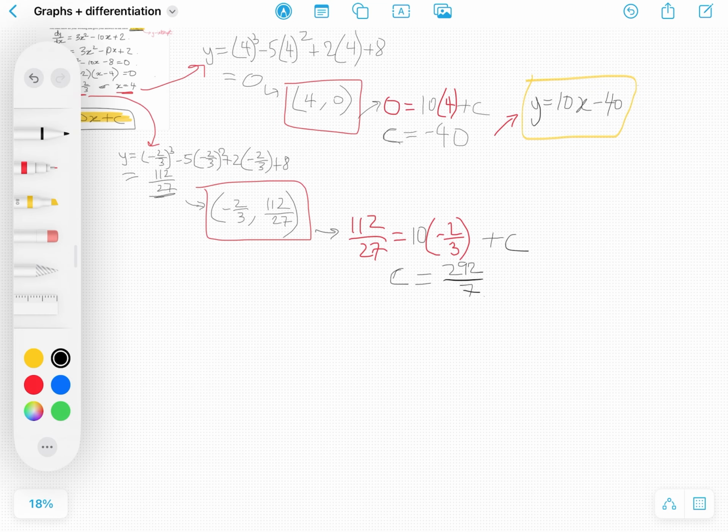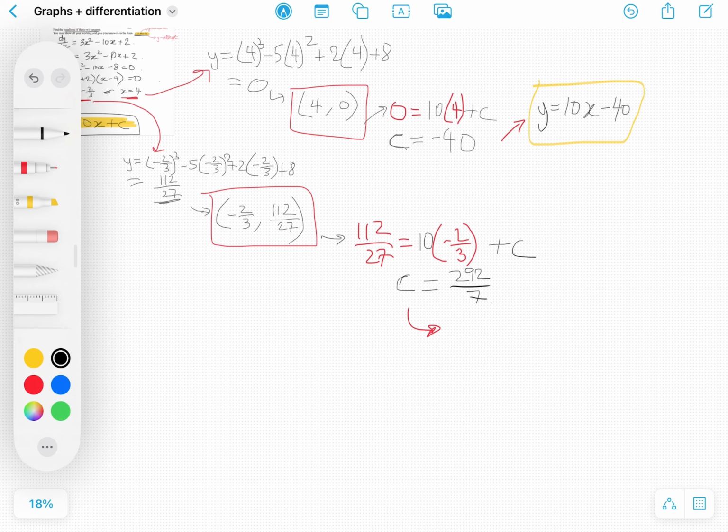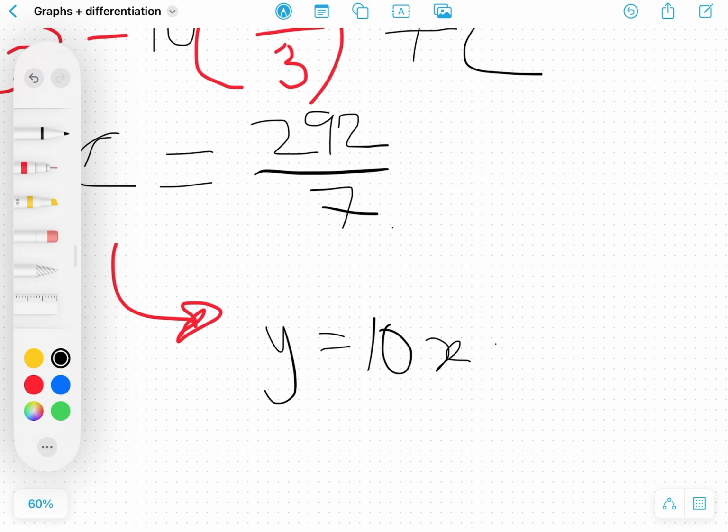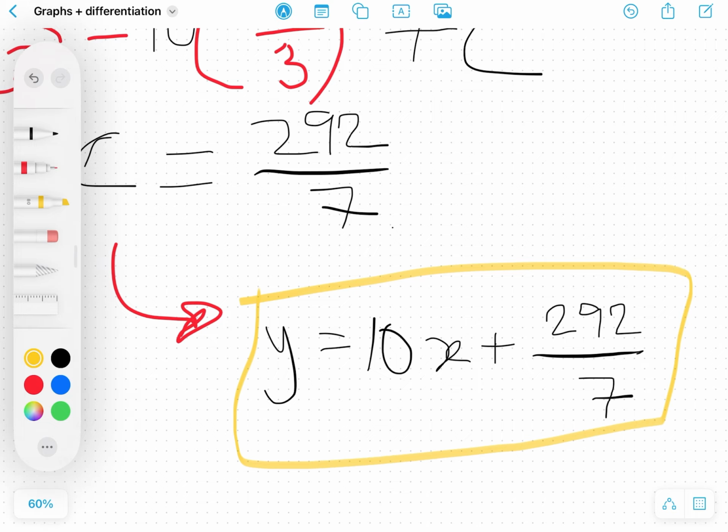And therefore, from this, we've got another equation of the tangent, and that is y is equal to 10x plus 292 over 7. And these are our two answers.